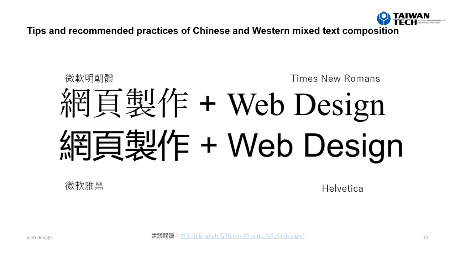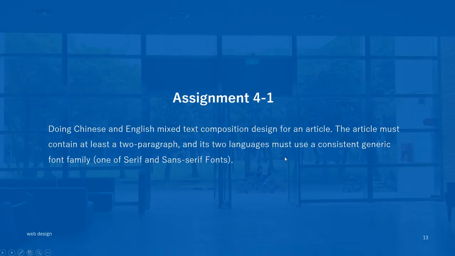And if you use serif, you need to make sure both your English and Chinese are serif. I think that is a really important thing. Maybe in Chinese you use 微软明朝体, and in English you use Times New Roman, because that is the same. We can see the triangles in these two families, and both font families are serif.